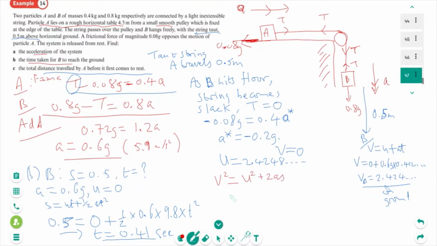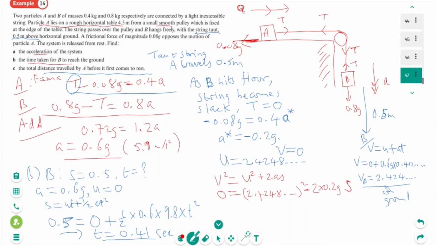When particle A eventually slows down, it stops, so v is 0. So this is going to be u squared, so you need to work out 2.424 exact value squared, plus 2as, so minus 2 times the new acceleration, which is a deceleration, 2 times 0.2 g.